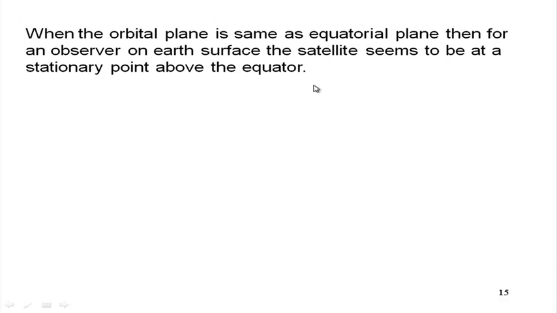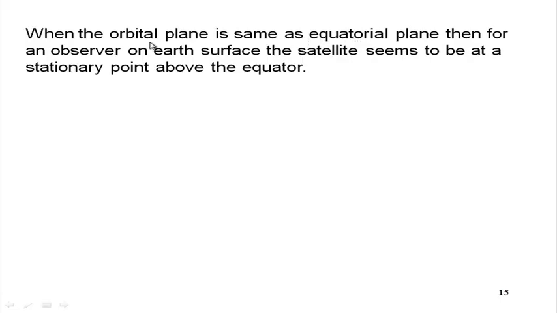Just imagine earth as a sphere and the equator extended, cutting the earth in between. So, the equator is extended as a plane, and on that a satellite is orbiting on the equatorial plane. So, the orbital plane is the same as the equatorial plane.